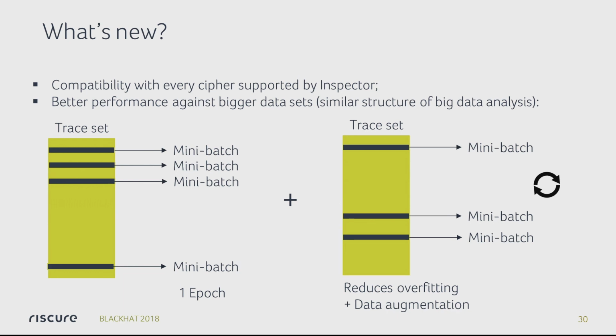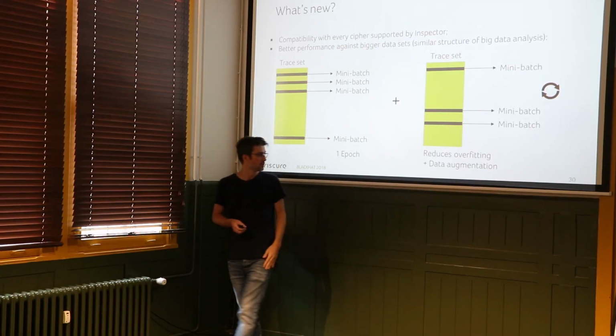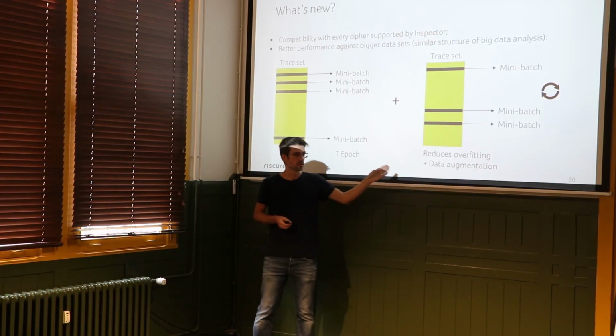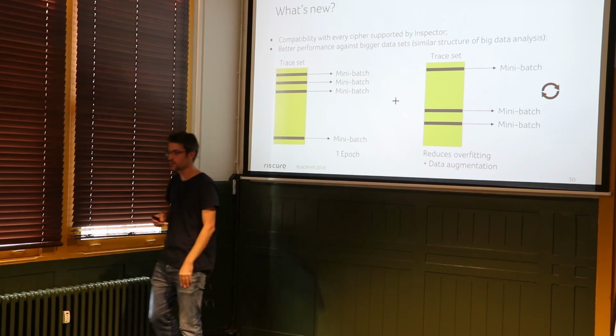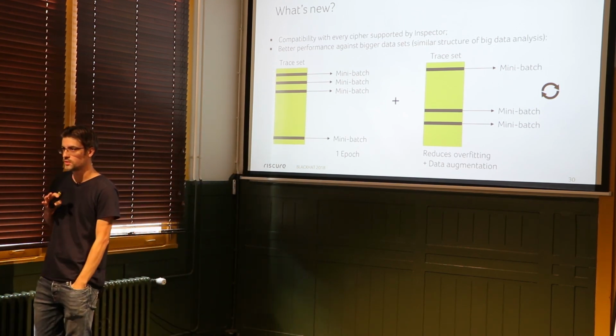The machine will pick something at random inside the trace set, and continue training and training forever. Processing one entire epoch in a huge data set takes too much time, it's not really realistic. So you cannot use epochs as a metric anymore, but the iterations themselves. The advantage of this method is that it reduces overfitting quite significantly and can easily be integrated with data augmentation.